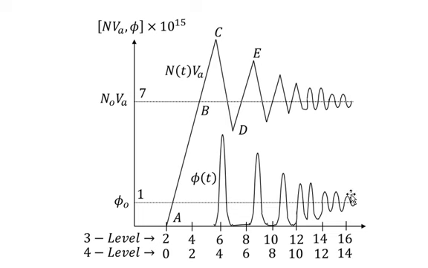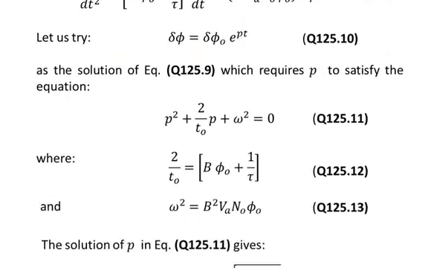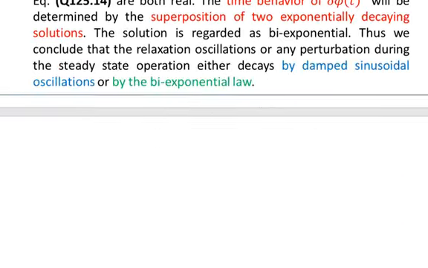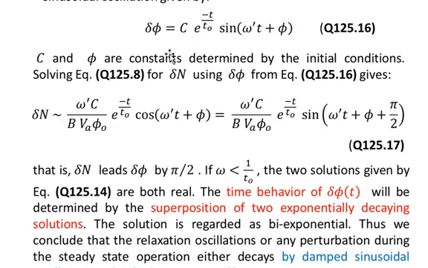We have given a solution of delta phi for this region, and we have a solution for delta n in this region that is very close to the steady state conditions. So we have obtained delta phi and we have also obtained delta n from this expression.